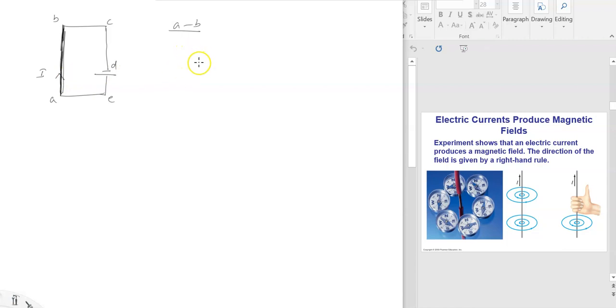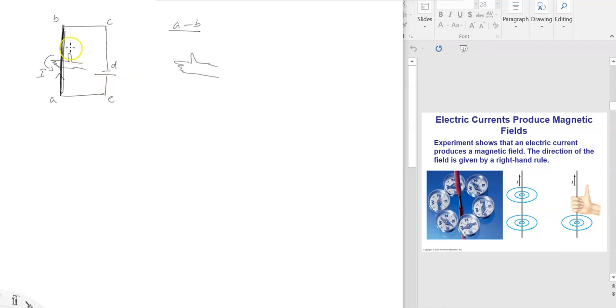So you take your right hand, place it around this wire, and bend your fingers like shown in the diagram. You place the thumb in the direction of the current.